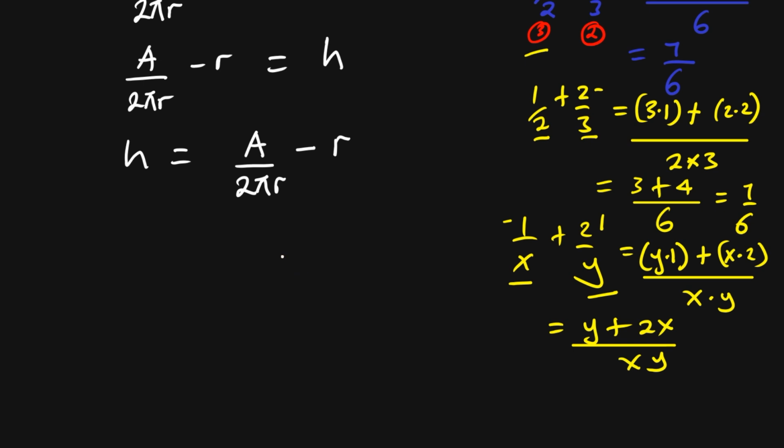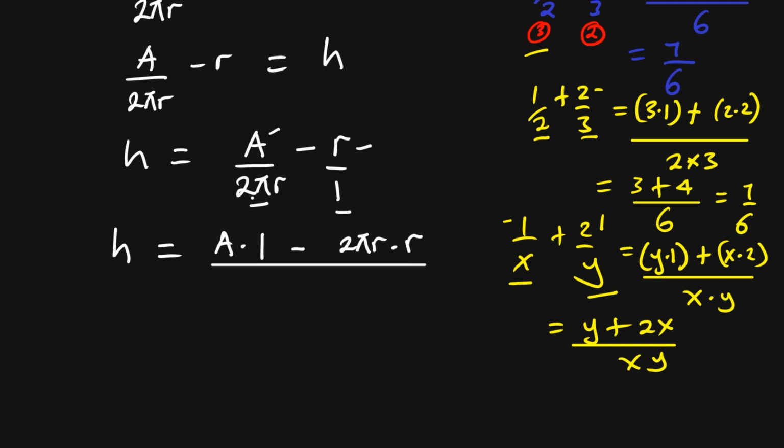So for this, we have a silent 1 here. So we have h equals this denominator 1 times this, we get a times 1, minus this denominator times this numerator, we get 2 pi r times r, all over the product of the denominators, 2 pi r times 1, which is the same as 2 pi r.